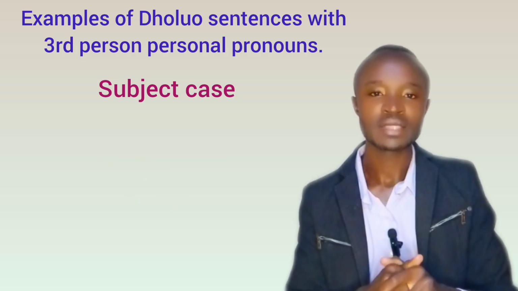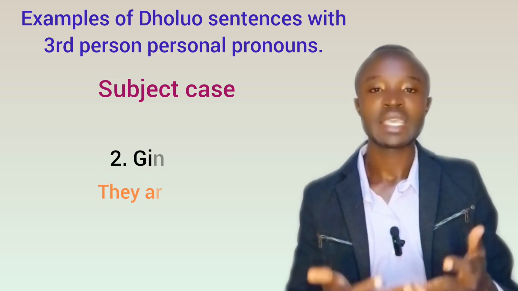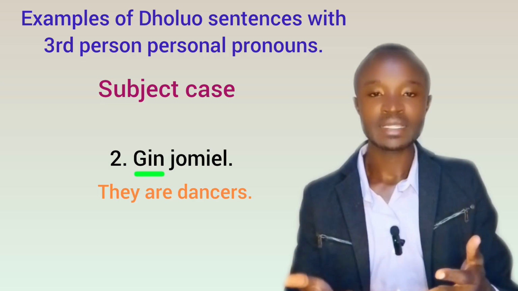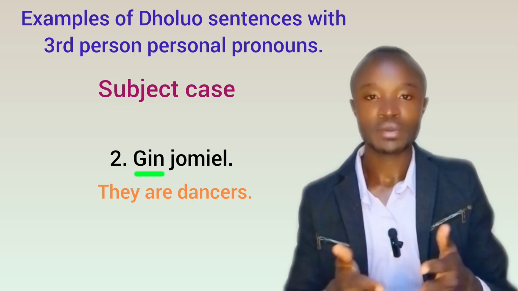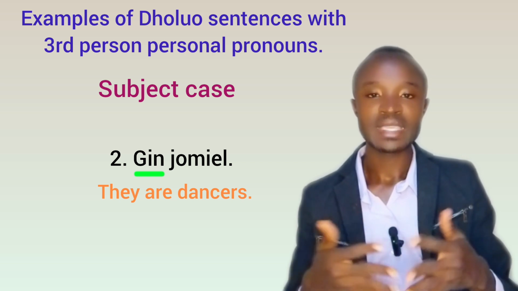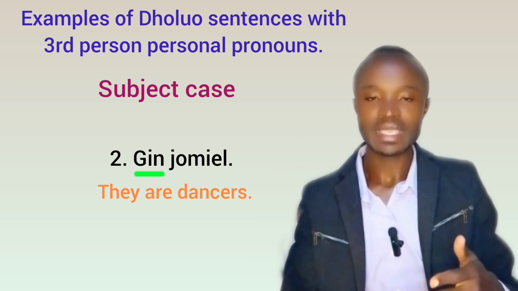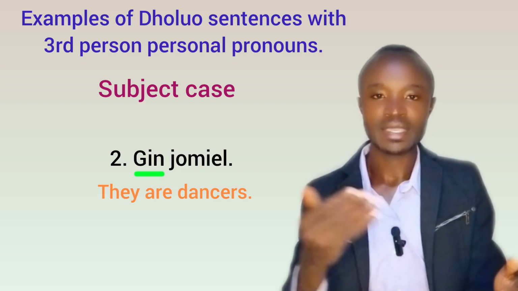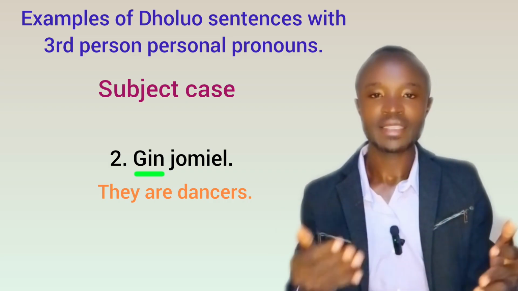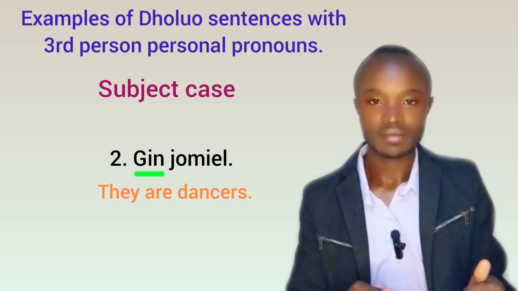Another example is gin jomiel. Gin, that is the plural third person personal pronoun. So you say gin means they. Jomiel, dancers. Gin jomiel, they are dancers.